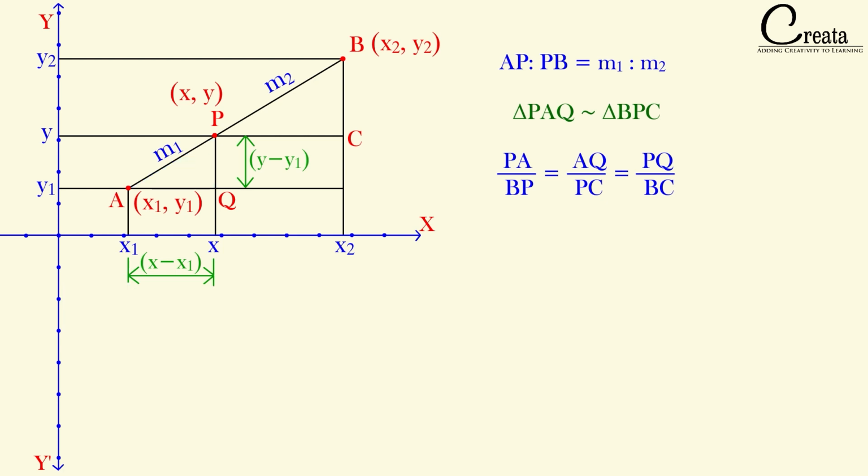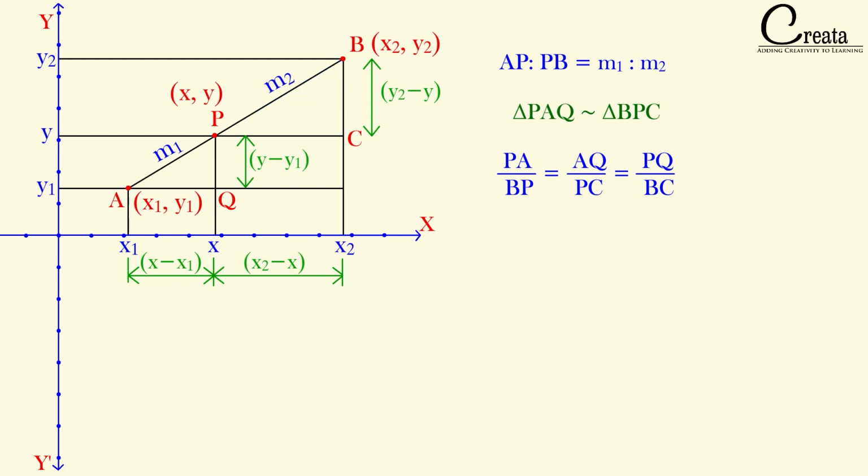If we move to triangle PBC, we can also calculate the sides PC and BC. PC will be equal to x2 minus x and BC will be equal to y2 minus y. We got the sides of these triangles using simple mathematics.